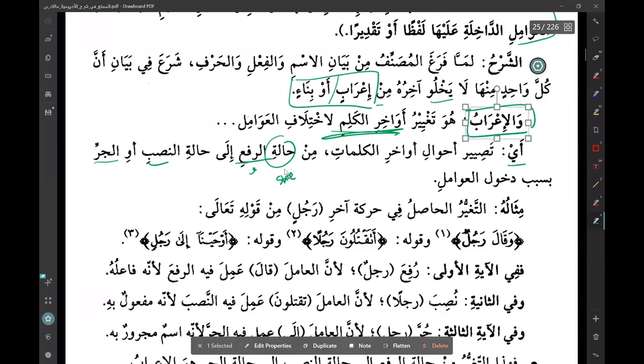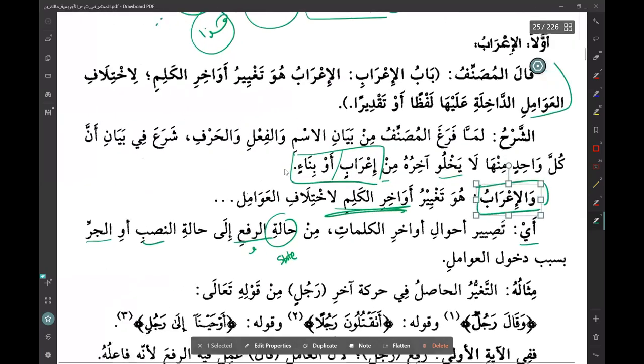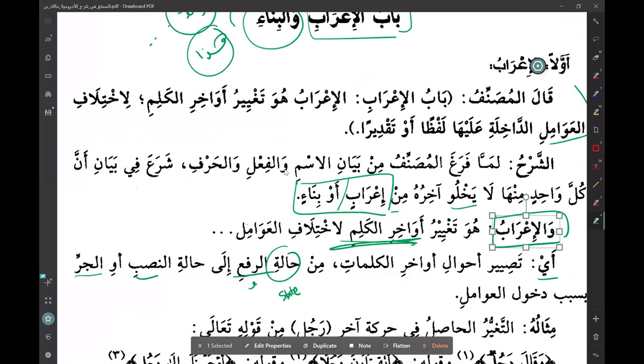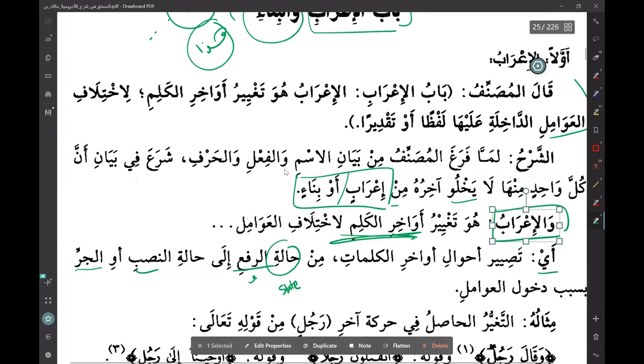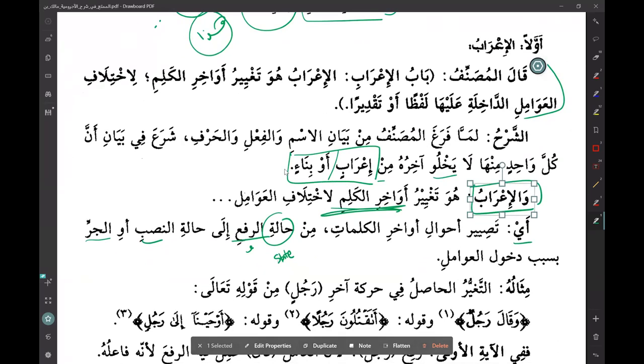Now, so far is clear, guys, because I don't know how much I have to explain, because as I said, this class is not beginner. Even Madinah book students should know that sometimes we put kasra, sometimes we put dhamma. So I have to assume here that you understand this concept of changing, because if I start explaining, then maybe this is not going to be appropriate for this class, not for Ajrumiyyah.